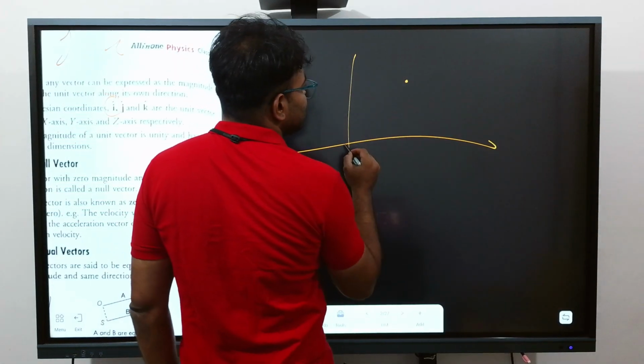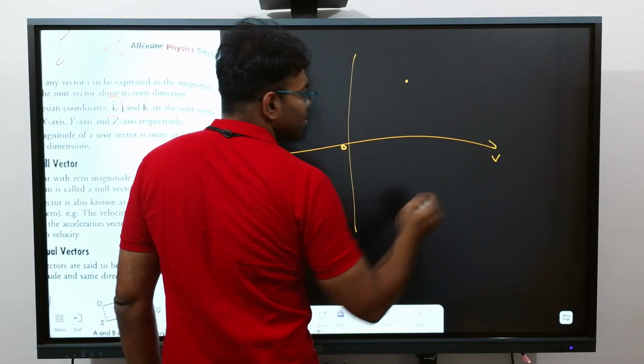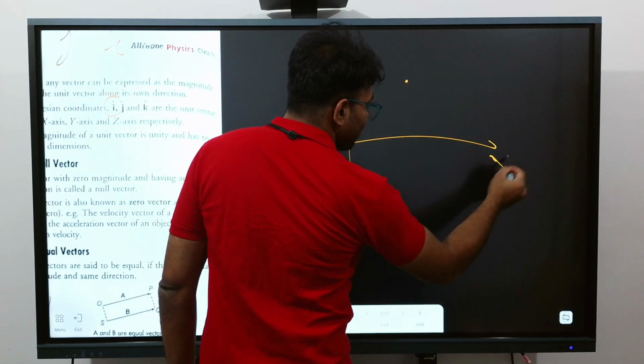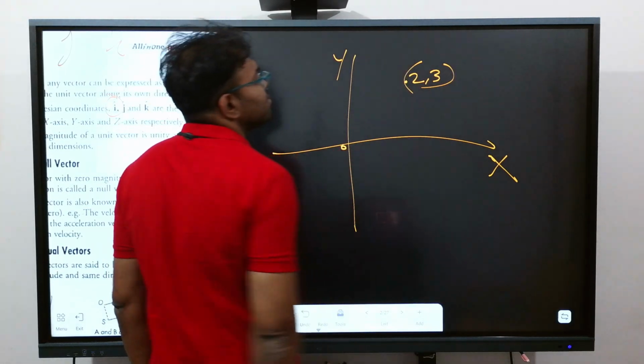This is the origin, this is the x-axis, and this is the y-axis. What does the point 2, 3 represent?